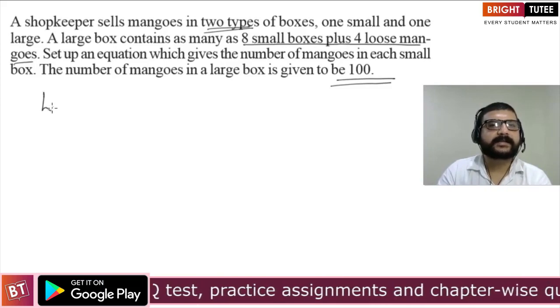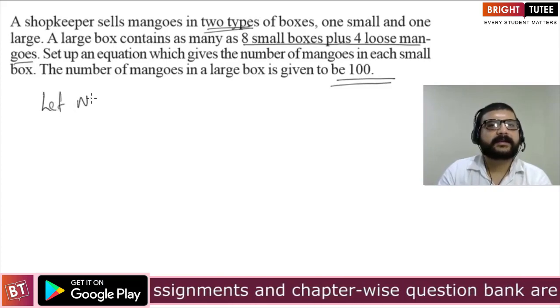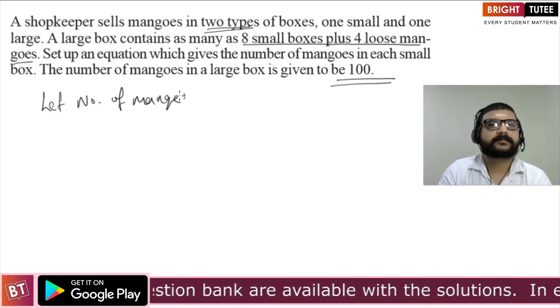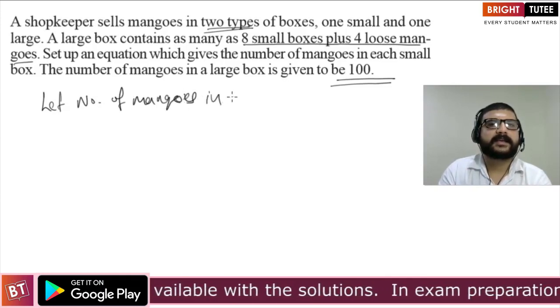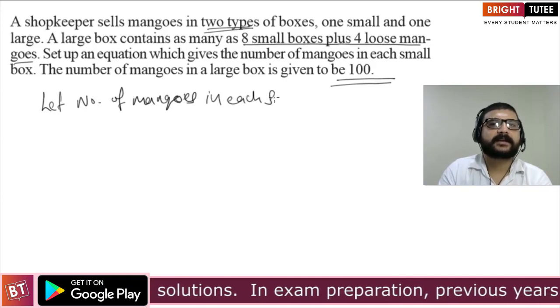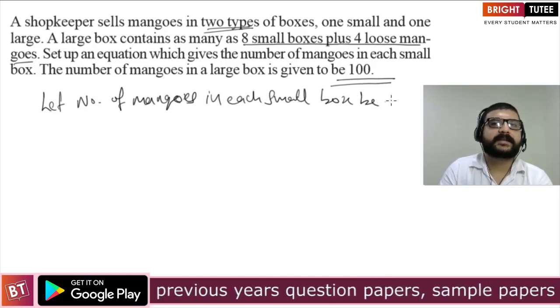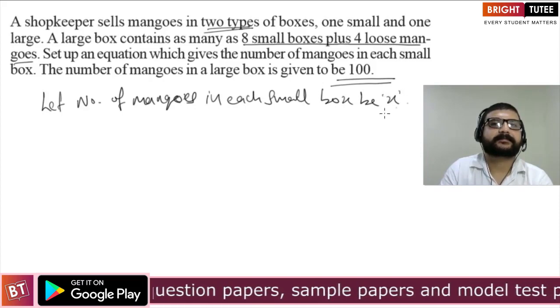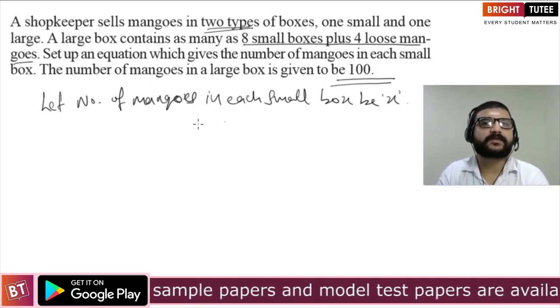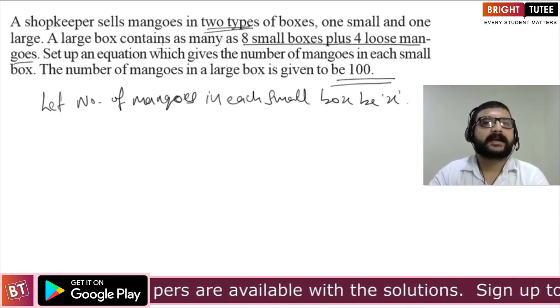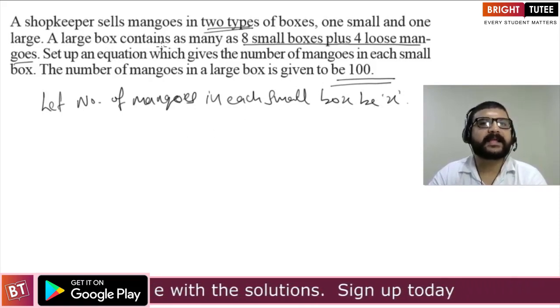Now we have to set an equation which gives the number of mangoes in each small box. So let us assume the number of mangoes in each small box be x. And how many mangoes will be there in the large box?